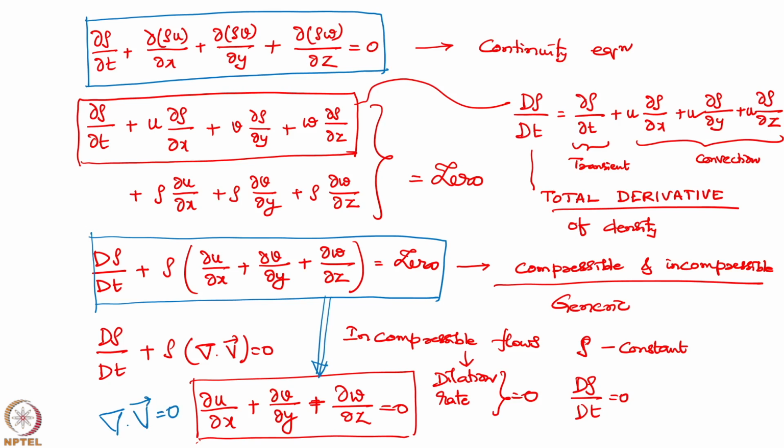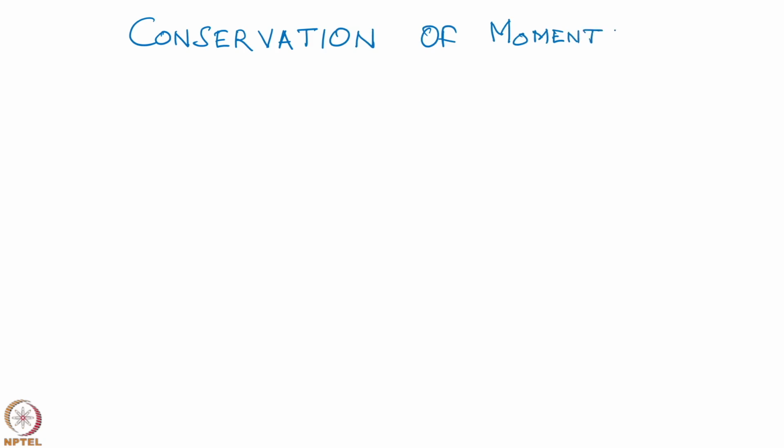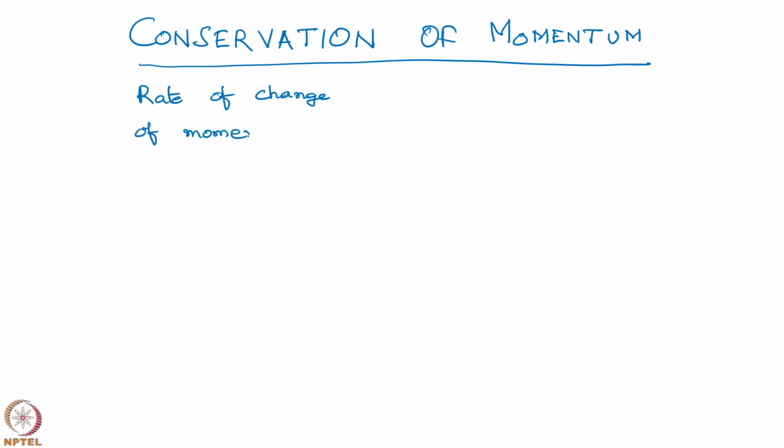So, now let us move on to conservation of momentum. You know that for a system, the rate of change of momentum of a system is equal to the sum of the forces acting on the system.